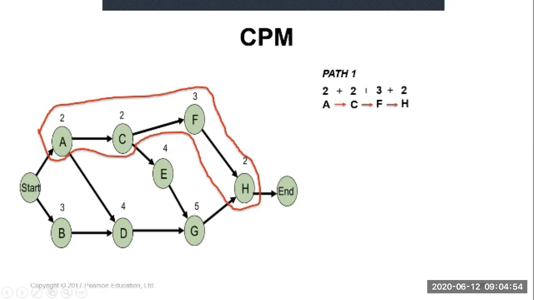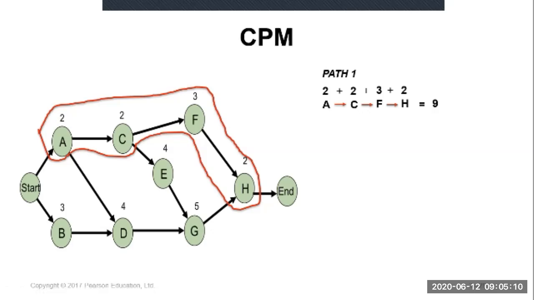So the duration for this path, to complete A, C, F, and H, is 9 weeks.